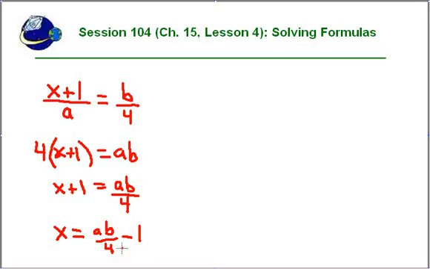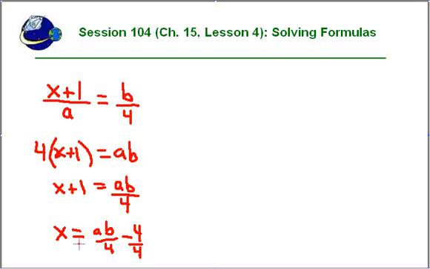That's probably good enough, but it's more expected that we would take this second term and rewrite it so that on the right-hand side we would have 4 as our denominator all the way across. So in order to subtract this 1 from the ab over 4, we have to get it so that it has the same denominator as 4. Well, we can do that by rewriting this as minus 4 over 4.